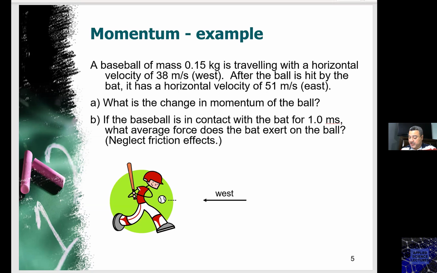A: What is the change in momentum of the ball? B: If the baseball is in contact with the bat for 1 millisecond, what average force does the bat exert on the ball? Neglect friction effects.